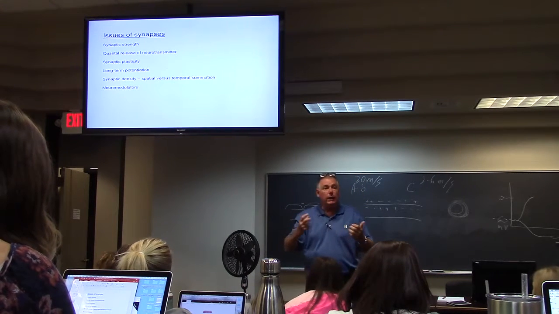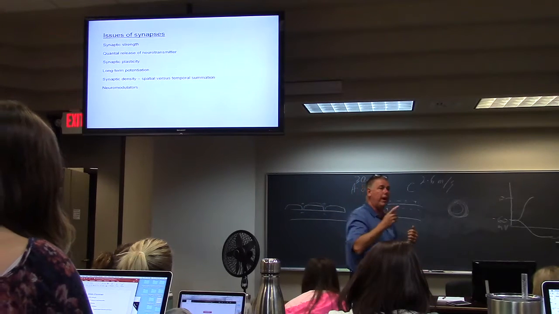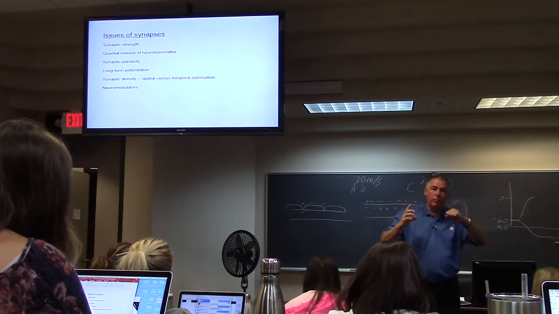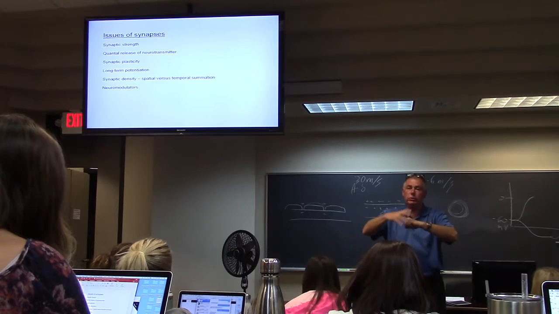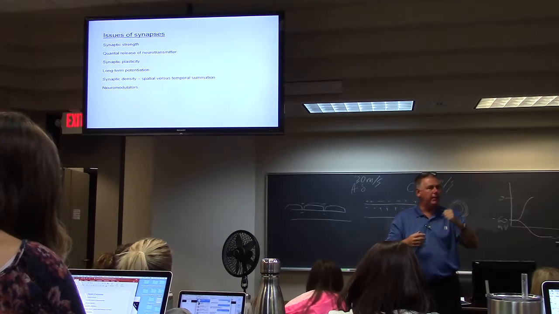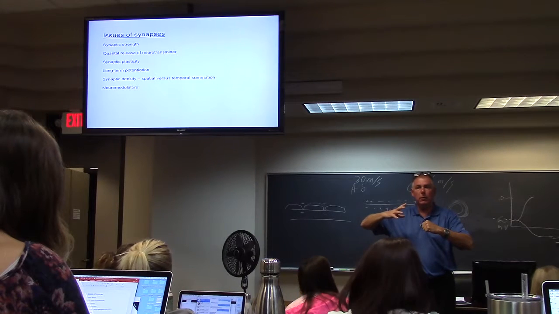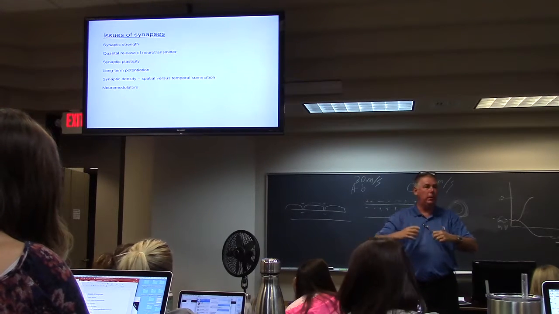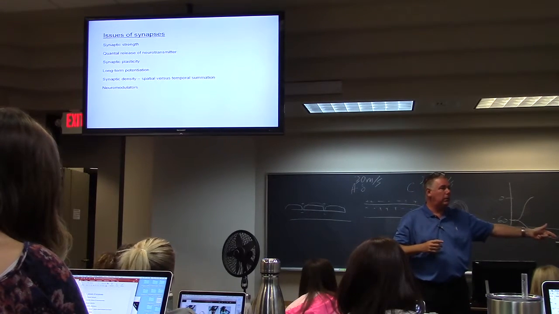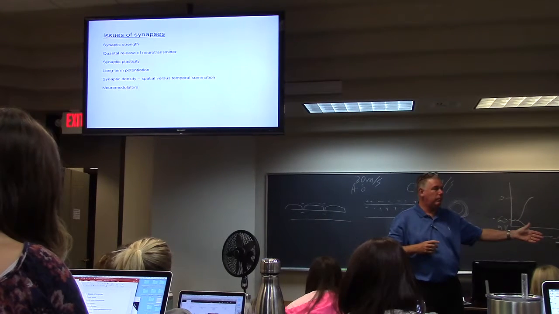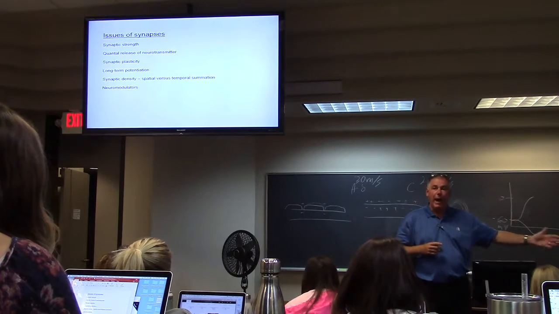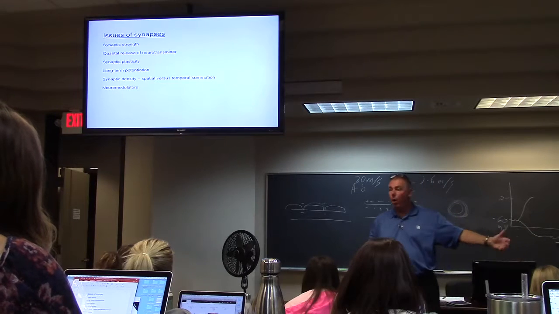But in certain cases where you have LTP, the postsynaptic cell can change, the receptors can change to make them more sensitive to this neurotransmitter release. So it doesn't take as much to activate the cell downstream. And when the cell downstream activates, it stays activated longer.